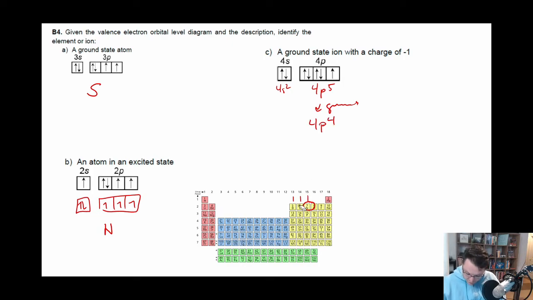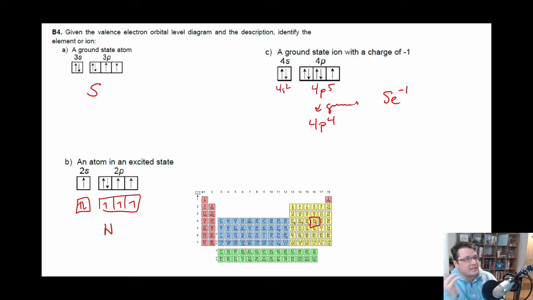So 4p4, we go down to the fourth row, we're right here, at 1, 2, 3, 4 in this case. And so that should be selenium. So the element is selenium. We know it has a charge, so it has to be selenium -1 in that case.